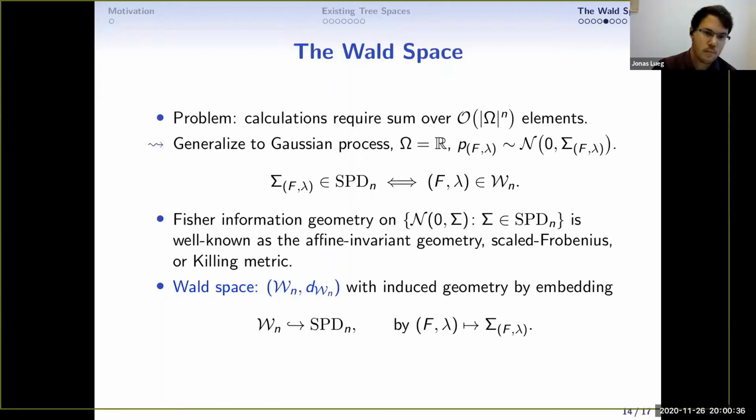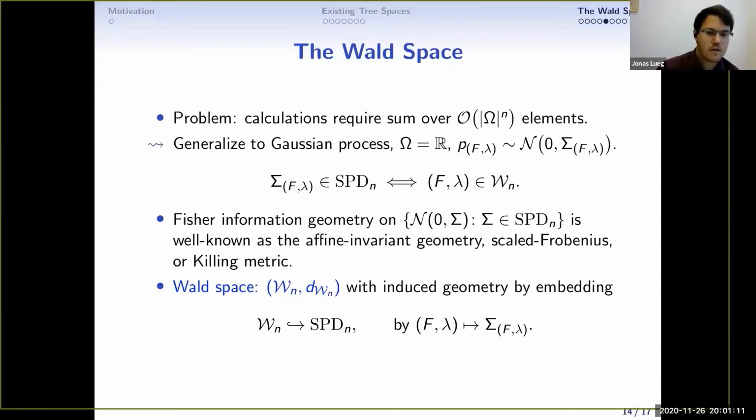And we have shown in our paper that these covariance matrices are strictly positive definite symmetric real n times n matrices if and only if our forest is in our space Wn. Now, the Fisher information geometry on the whole set of zero mean Gaussians, where the parameter is the covariance matrix, is very well known as the affine invariant geometry or scaled Frobenius or Killing metric.